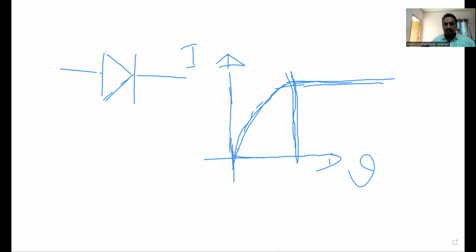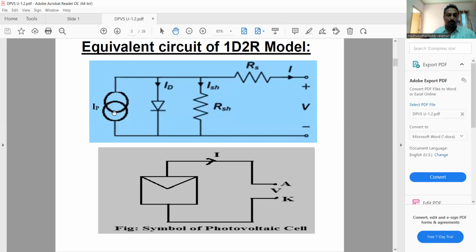But what about this diode? A diode is always a passive element which receives and consumes energy. But what about a photovoltaic, meaning a solar cell? A solar cell is not a passive element. It is an active element which always supplies energy. So we connected a photo effect to the diode.